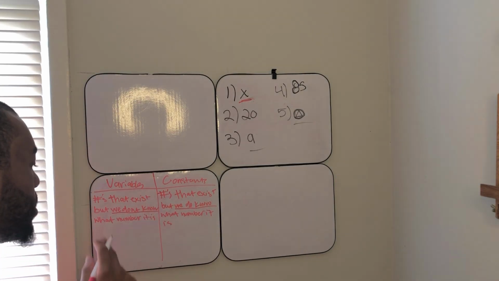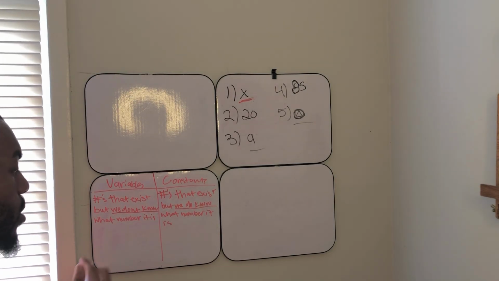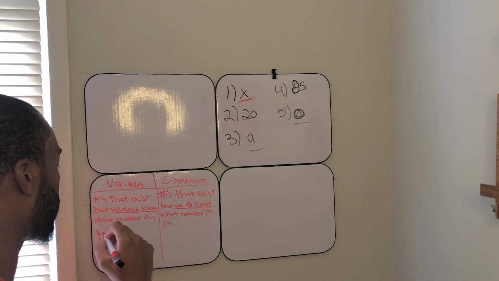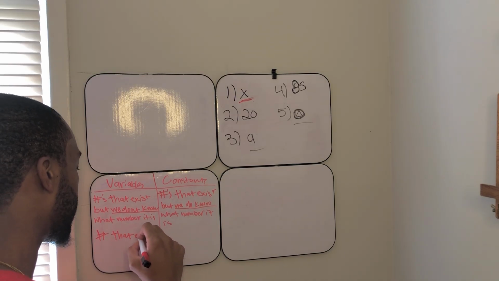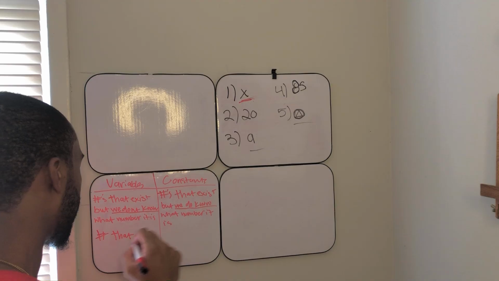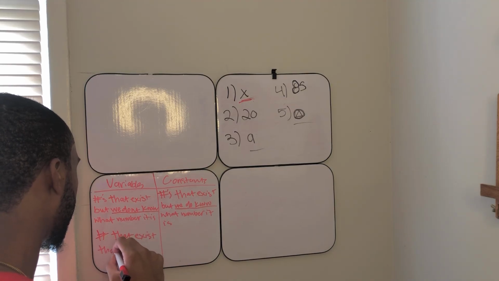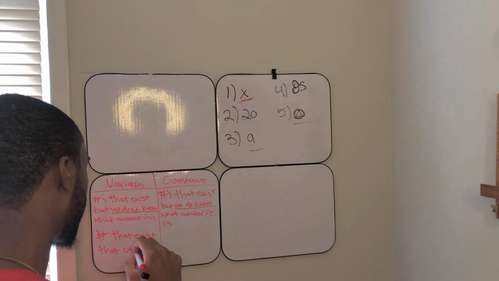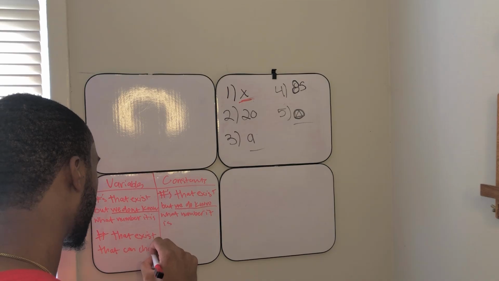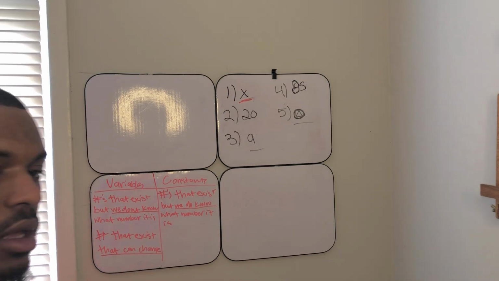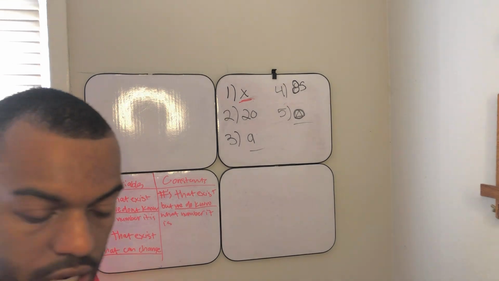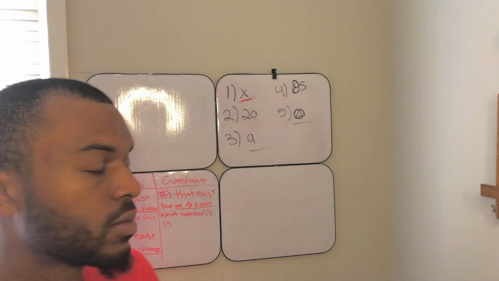So variables are numbers that exist, but we don't know what number it is, and also numbers that exist that can change. This is another kind of property of variables.